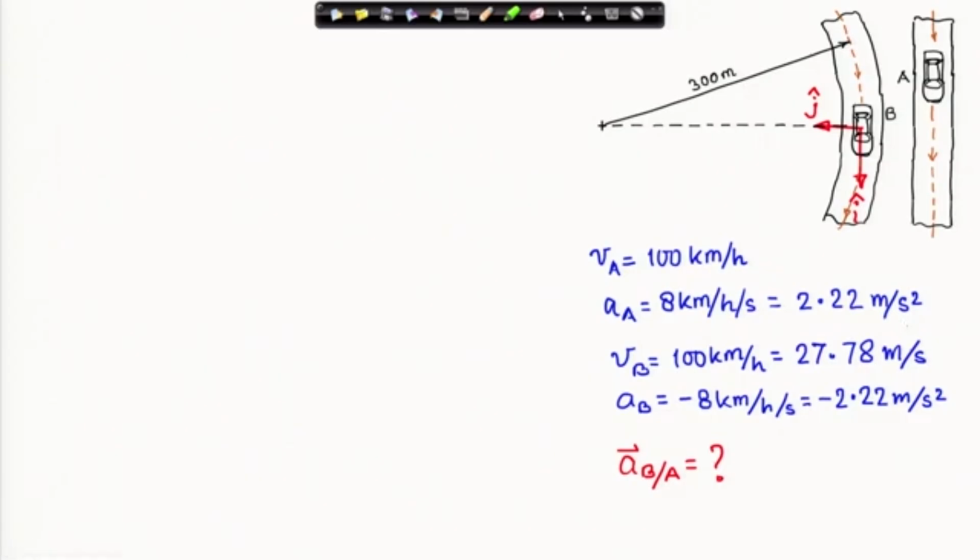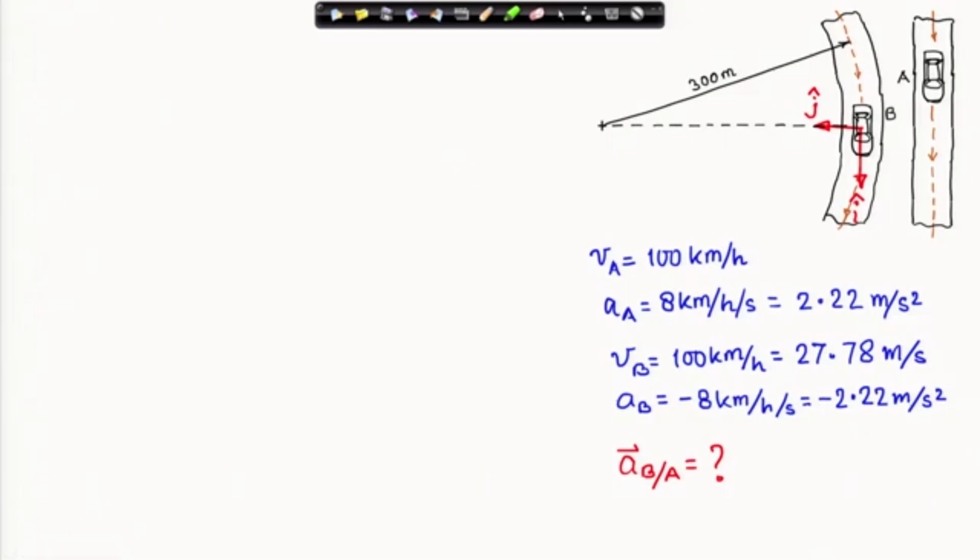Now, velocity of B is 100 km per hour same, which when converted to meter per second is 27.78 meter per second, this is same as VA, and acceleration of B is minus 8 km per hour per second, which is minus 2.22 meters per second square.